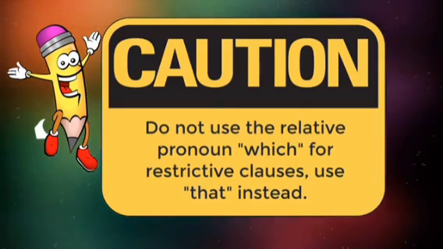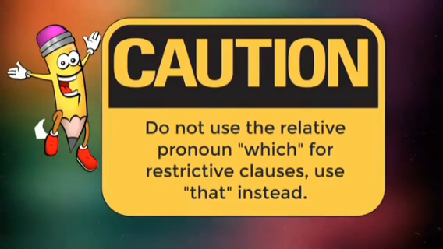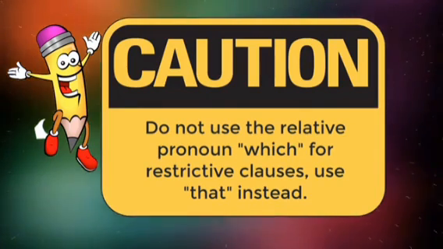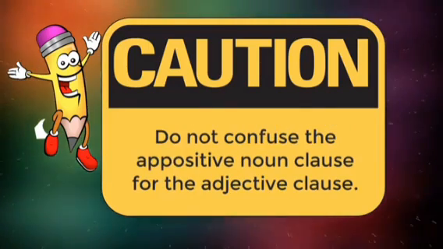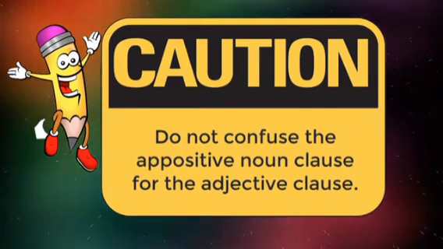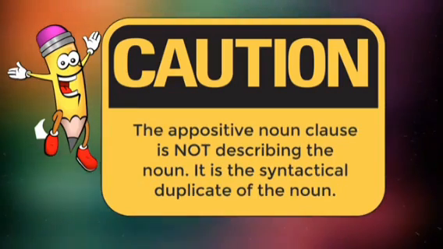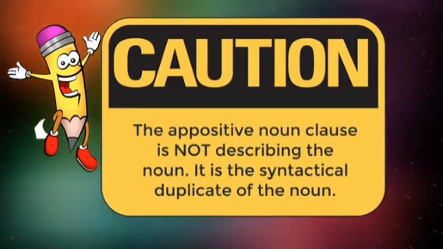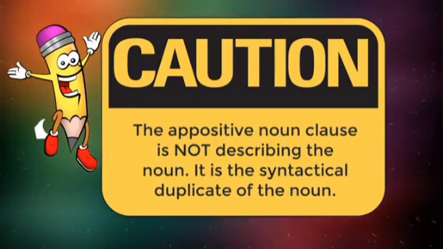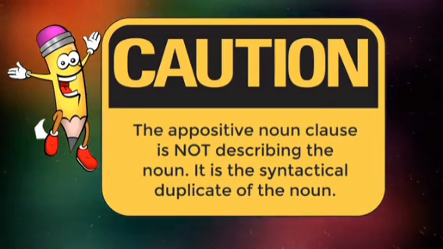Do not use the relative pronoun which for a restrictive clause. Use that instead. Do not confuse the appositive noun clause with an adjective clause. The appositive noun clause is not describing the noun, it is syntactically duplicating the noun.